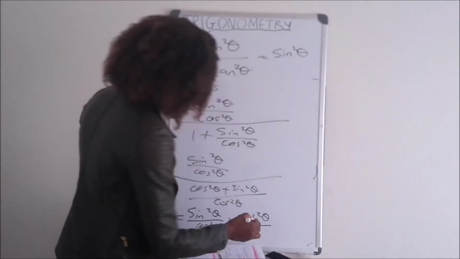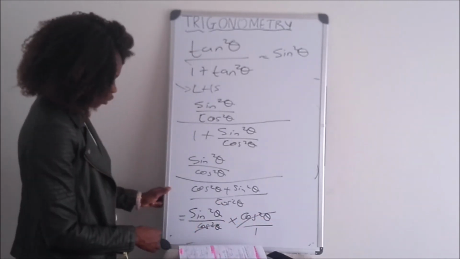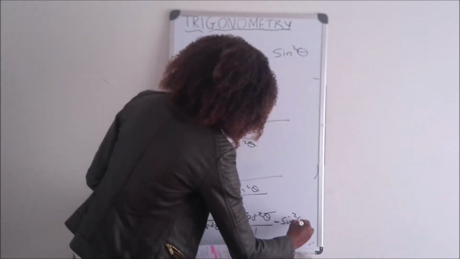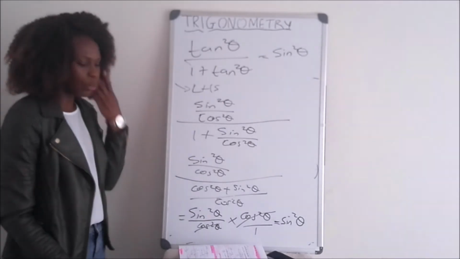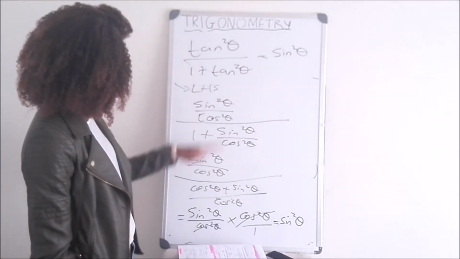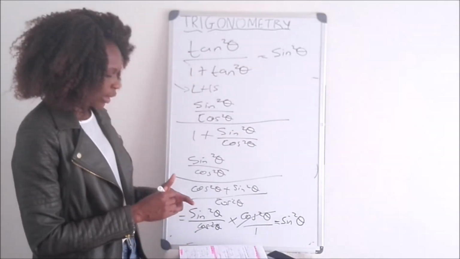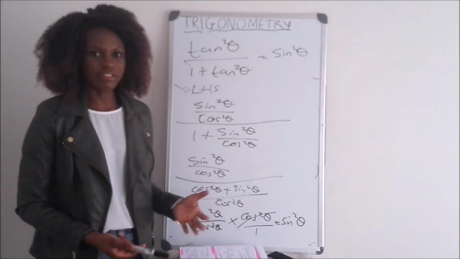That means we'll have to divide by 1. Then this and this will cancel out, and we'll only be left with sine squared theta. Do you guys see that we have sine squared, our right hand side, it is equal to our left hand side. Then it's proven that our left hand side is equal to the right hand side.